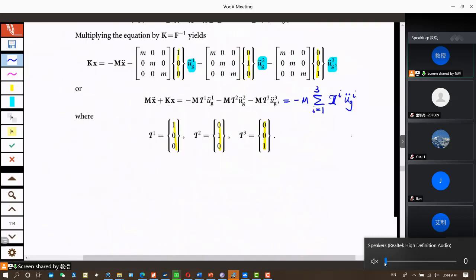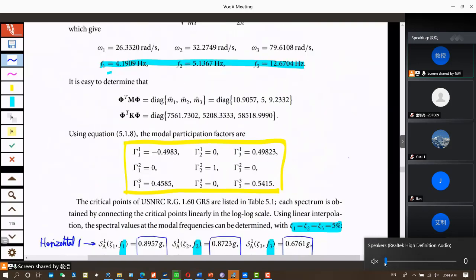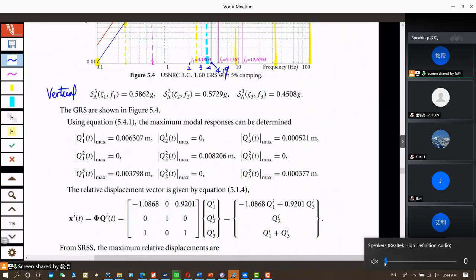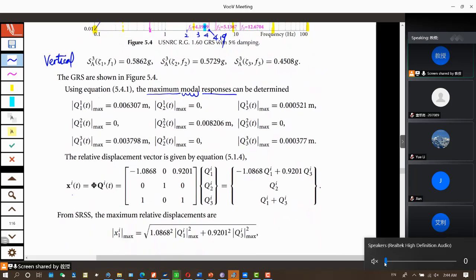Okay, so now I is the direction of excitation. This I is node.